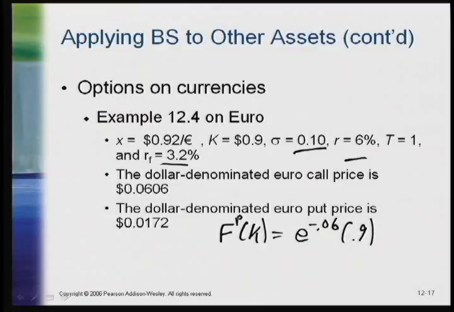The prepaid forward on the euro is equal to 92 cents, the current exchange rate, times e to the minus 0.032. So we would use this prepaid forward value for the strike and the prepaid forward value for the euro in the standard Black-Scholes formula, and we'll get these two prices.